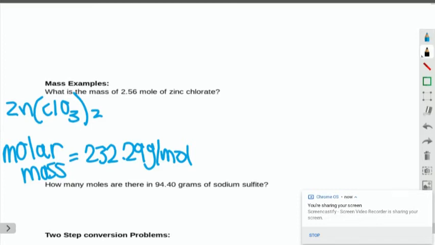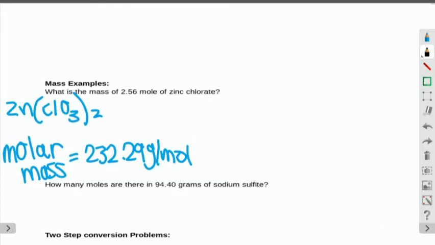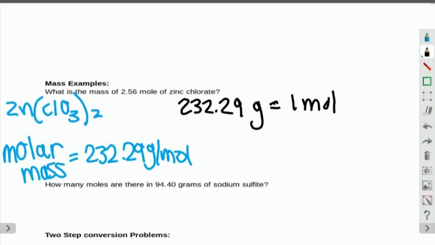But like I said, I want you guys to write out the molar mass as the mass that you got is equal to 1 mole. And this will help us do our problem. So in our problem, we're going to start with moles and we're going to want to get to mass. So you always start with what you underline.